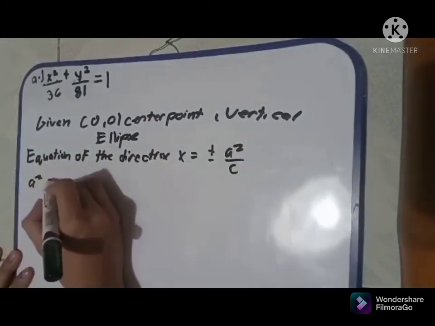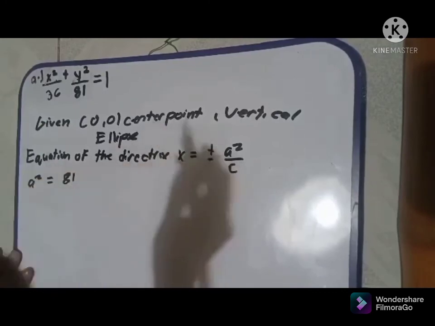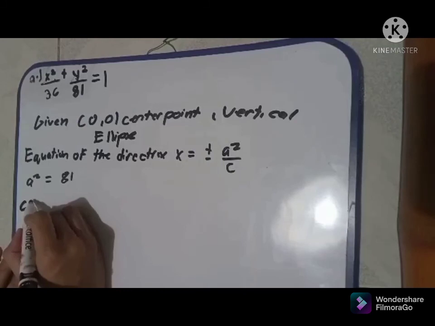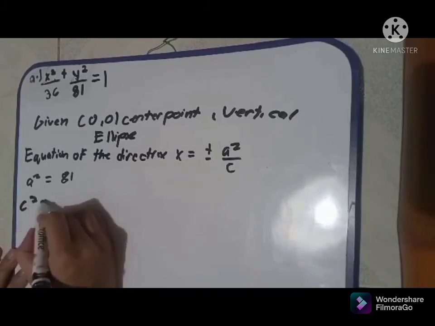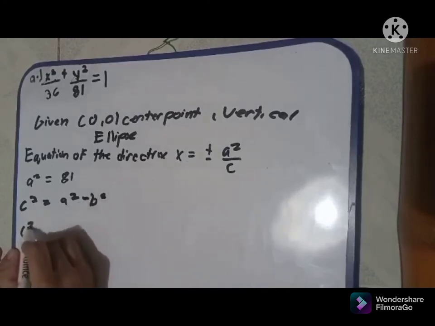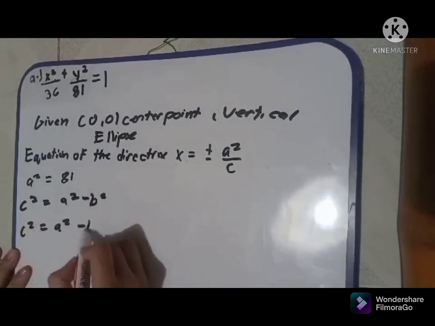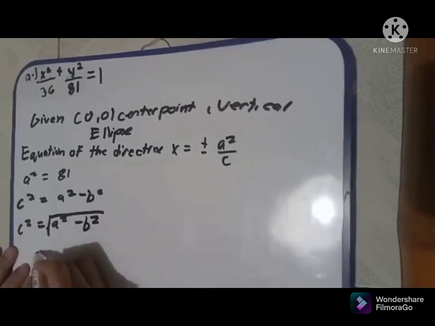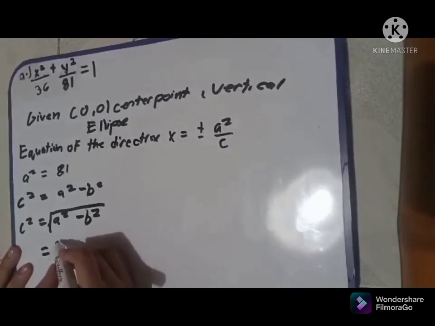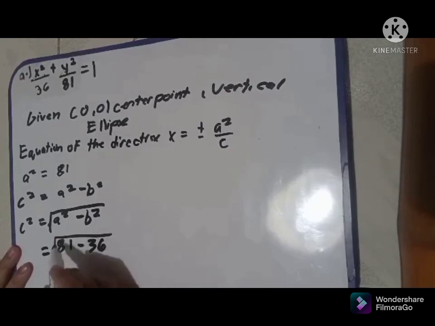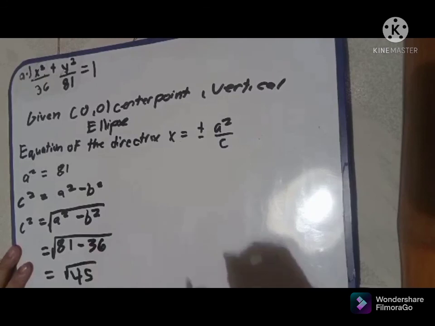Our a squared is positive 81, and to find c, we are going to use its equation. c squared is equal to a squared minus b squared, so c is the square root of 81 minus 36, which is the square root of 45.